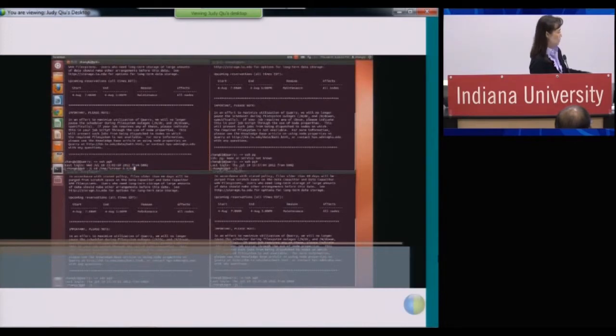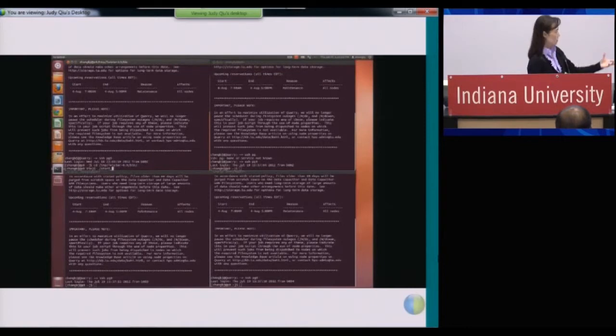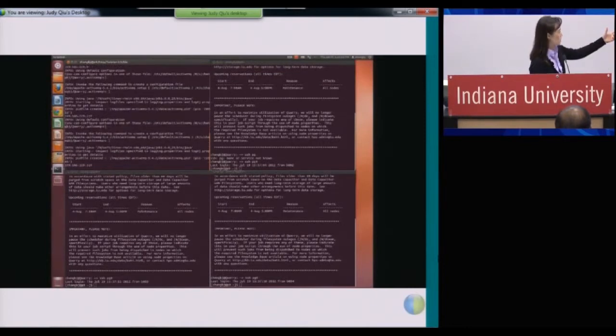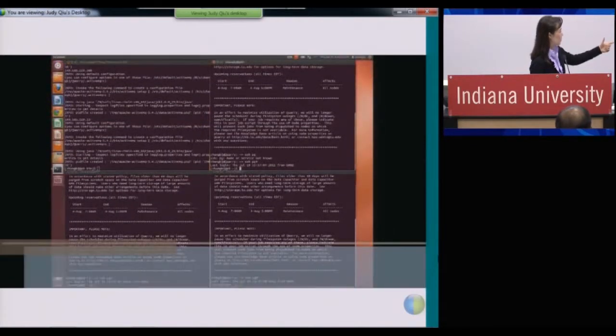There are several steps. Initially, we start the ActiveMQ messaging middleware. The next step is starting the Twister runtime system.